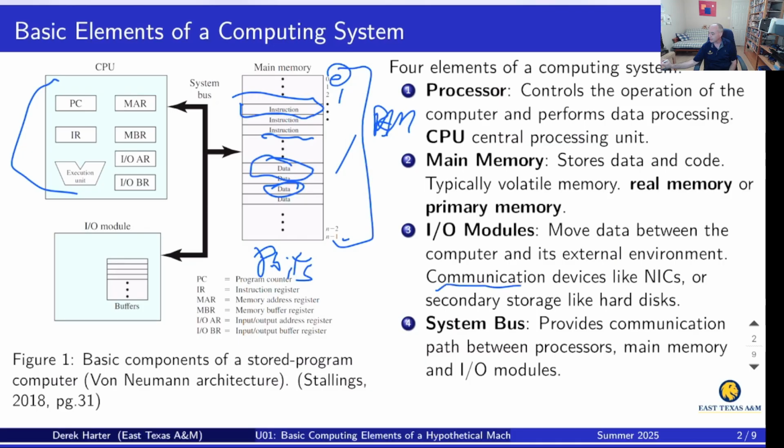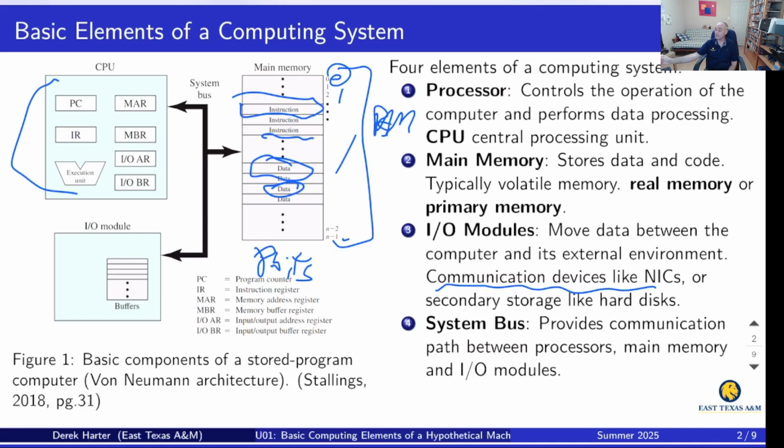There are communication devices, like your keyboard, your mouse, and your network interface controllers, which are about moving data to and from you, the operator, or to and from other computing systems. But since primary memory is volatile, we also need storage devices that can store data for longer periods of time. So another common I/O device is secondary storage, like hard drives.